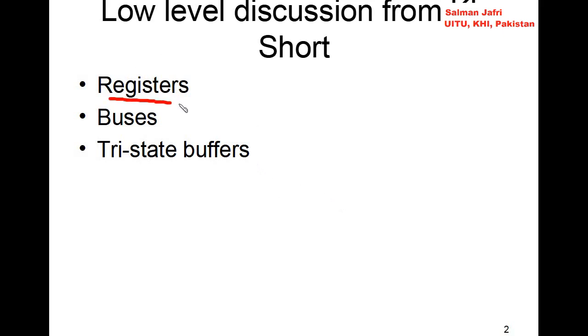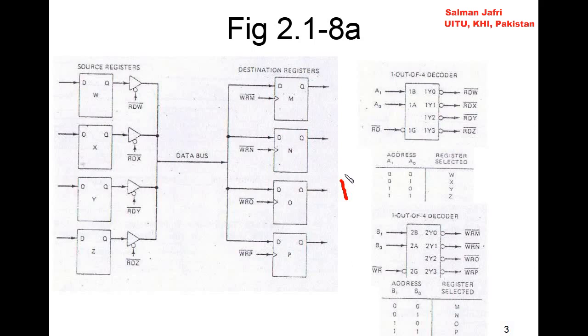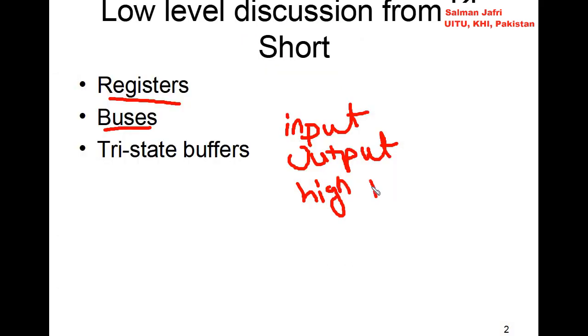So of course we look at the concept of registers, and registers are connected by buses, and we also have the tri-state buffers, right? Tri-state buffers are important because they have an input state and an output state, and the third very useful high impedance state.